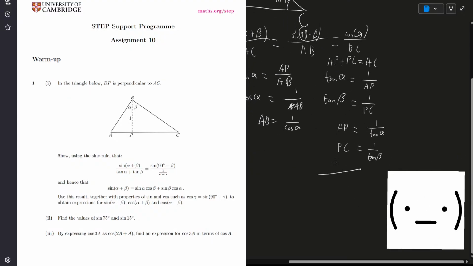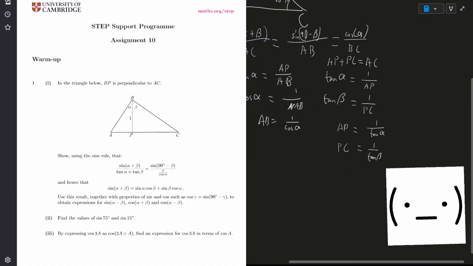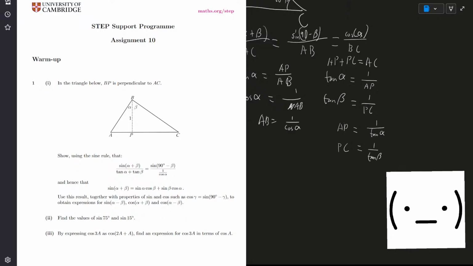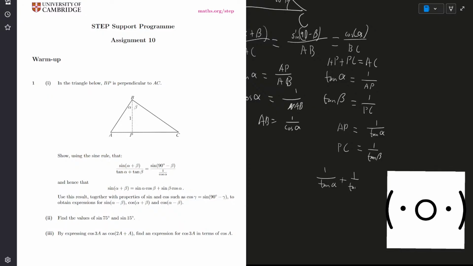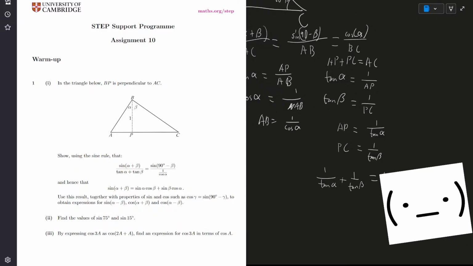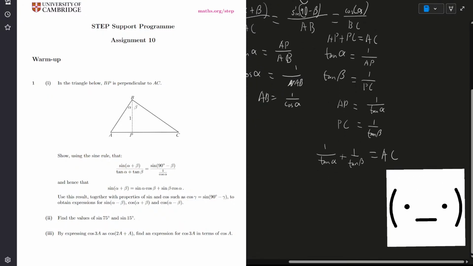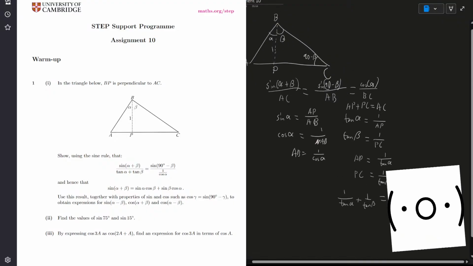And that means, lovely enough, we've obtained this result. If I haven't made any mistakes at the very least, this should be the answer. But this is inconvenient for us.